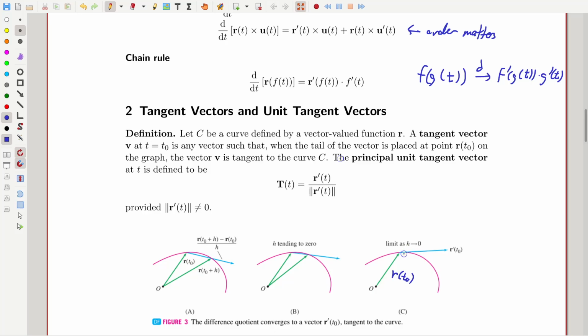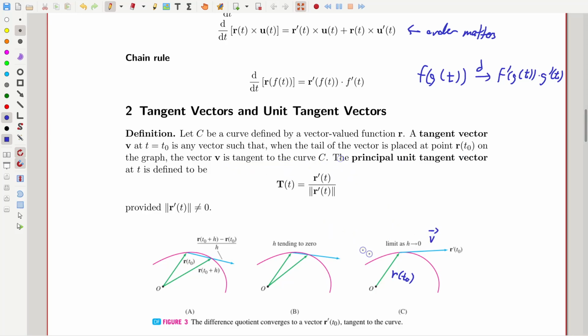Maybe not necessarily, although I think it might. That's a calculation that I'd have to check. But it will behave in the way you'd expect a tangent vector to behave. So it'll be tangent to the curve.